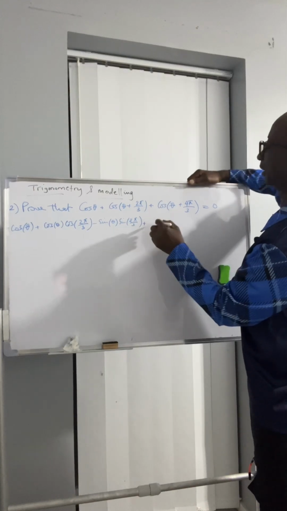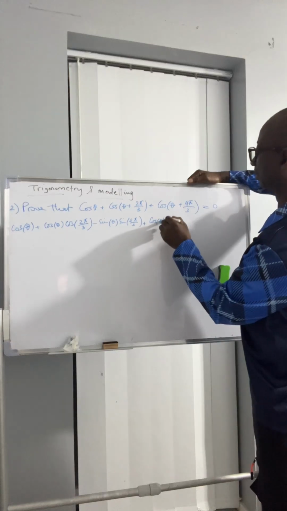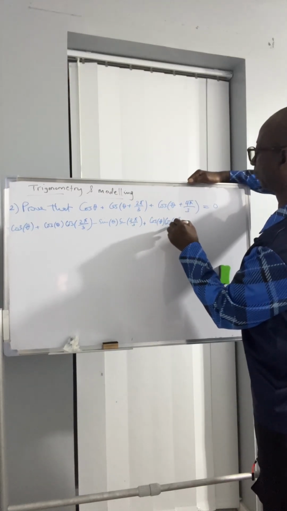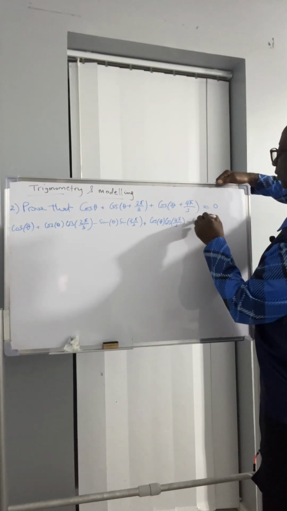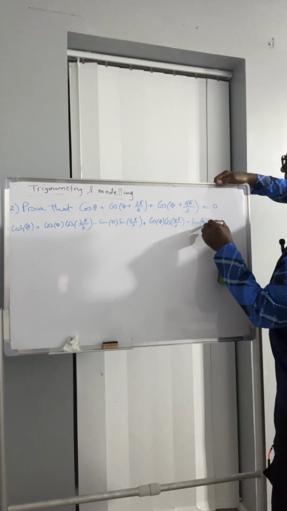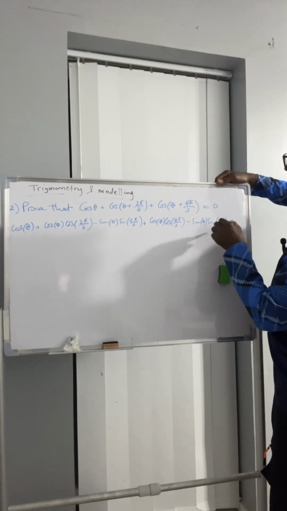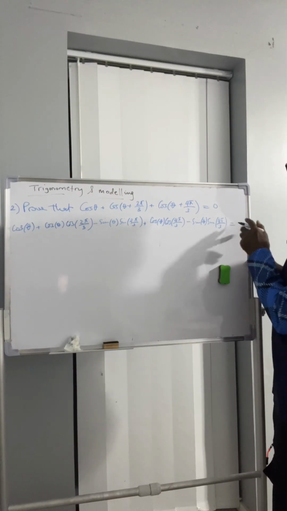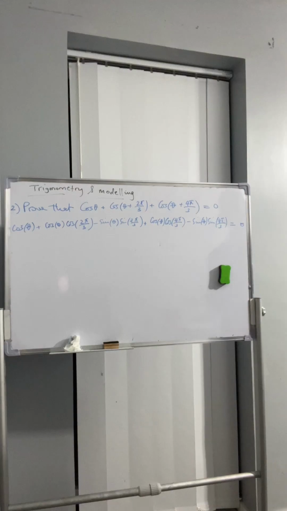Same thing again: you have cosine of theta times the cosine of, in this case, 4 pi over 3 minus sine of theta times the sine of 4 pi all over 3. And we need to prove that this is equal to 0. So this is almost done.